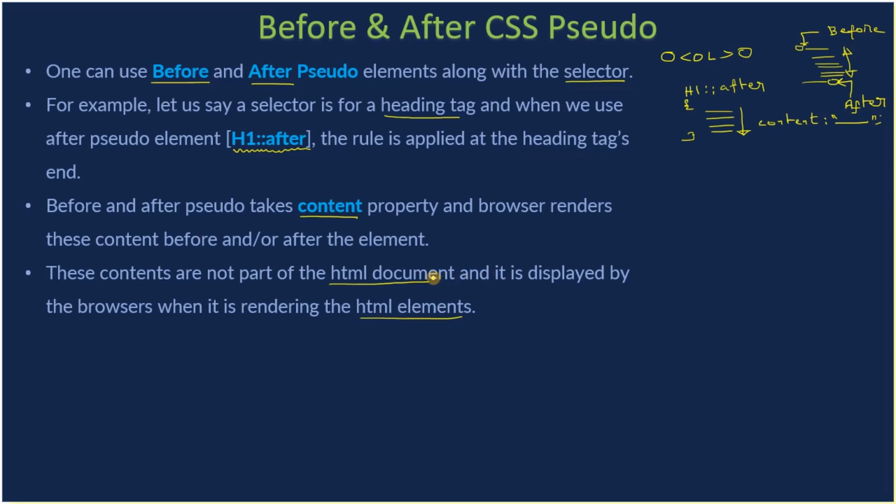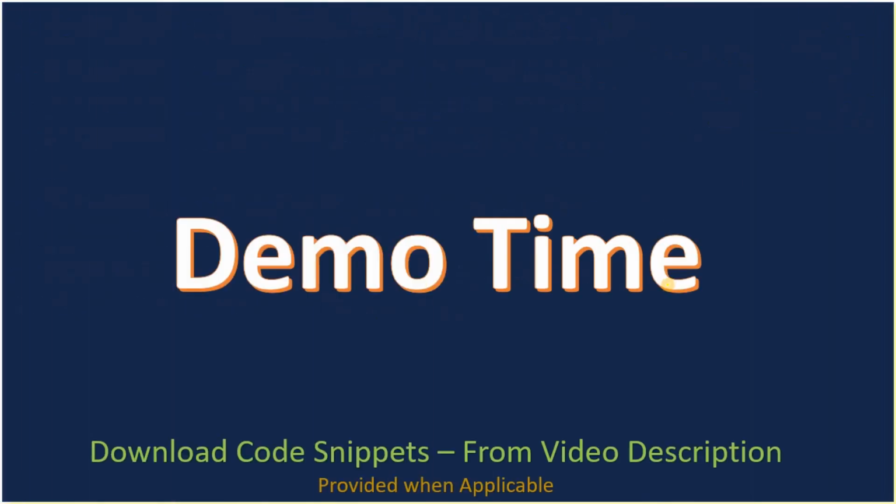Just like the outline overlay, this content is also displayed as an overlay, and whatever you specify as part of the content here will not participate in the HTML document. So the content also acts as an overlay, just like outline. Now let's go to the demo.